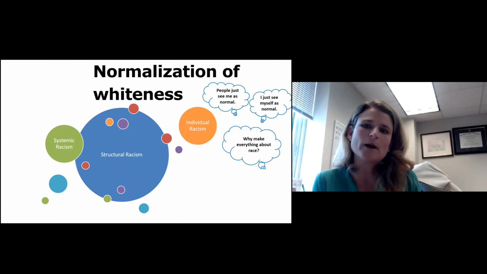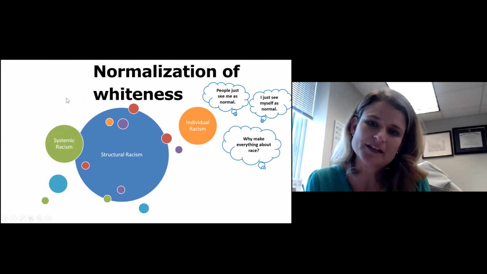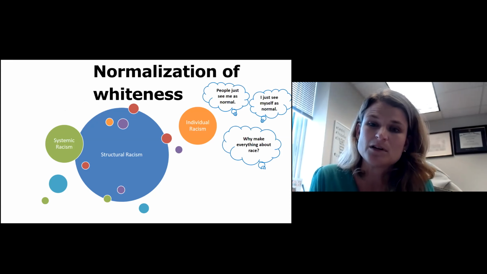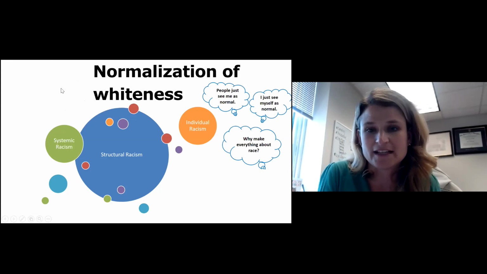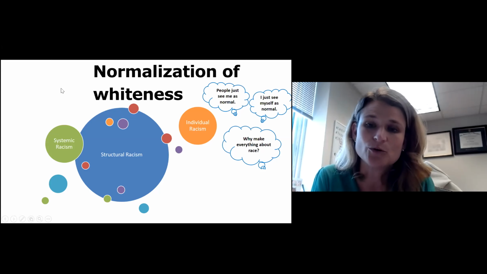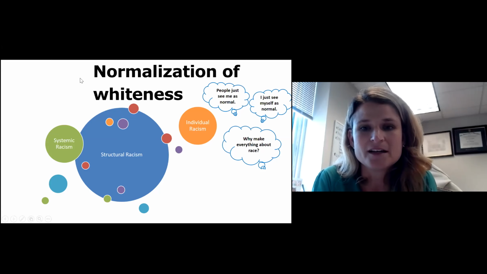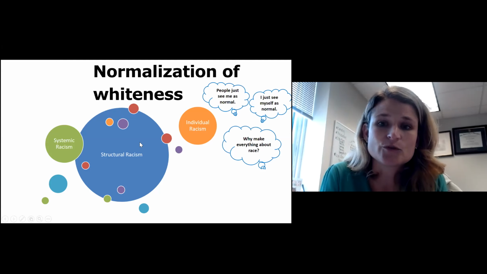Because if whiteness has been normalized, and that's the dominant group that everything is essentially compared to, it leaves a lot of white people actually lacking that sense of a racial identity, because whiteness has been normalized in that way. Again, going back to those definitions of inferiority and superiority, and how that's played out historically.